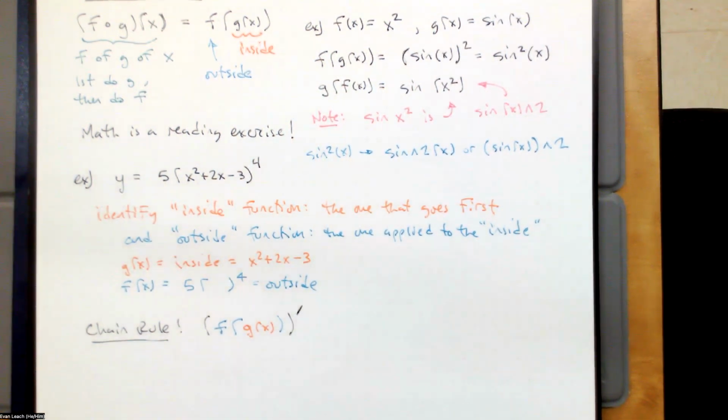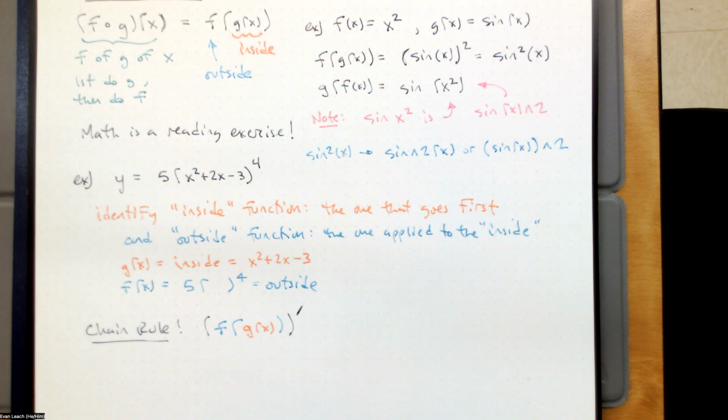I'm going to use prime notation for this. Make sure you get all the parentheses in play. Parentheses f, parentheses g, parentheses x, close, close, close, prime. This is the derivative of f of g of x.